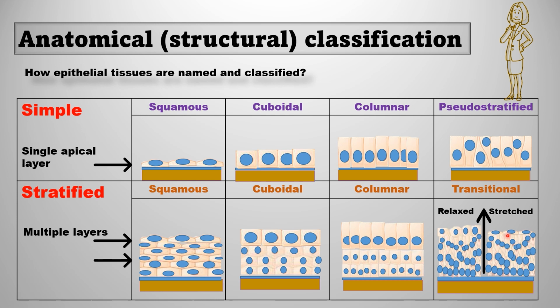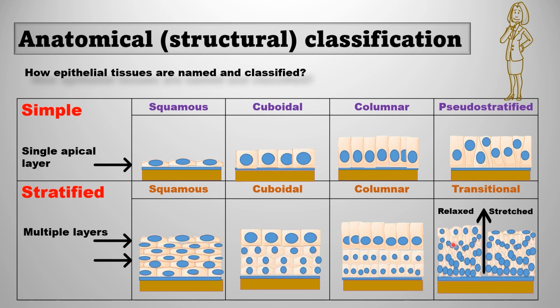Why? Because it needs to distend to give room for more urine to get into the urinary bladder. So this is why we call it transitional epithelium.